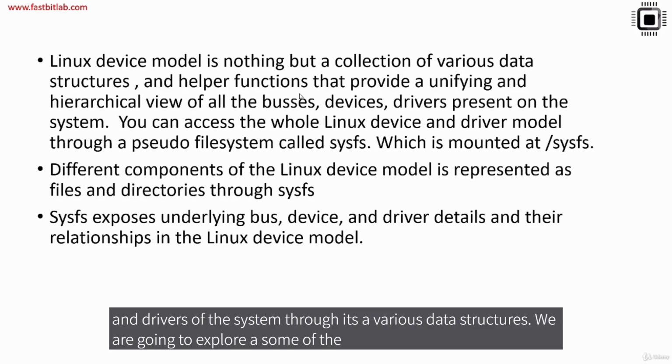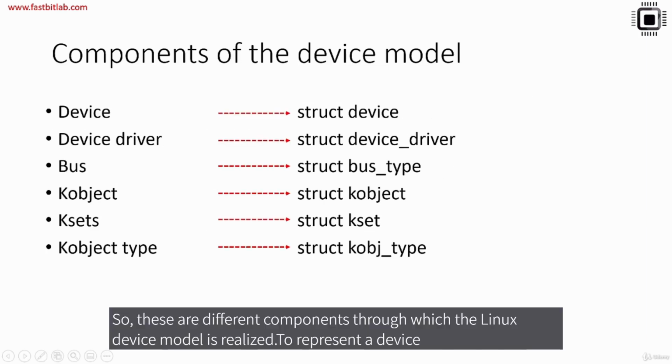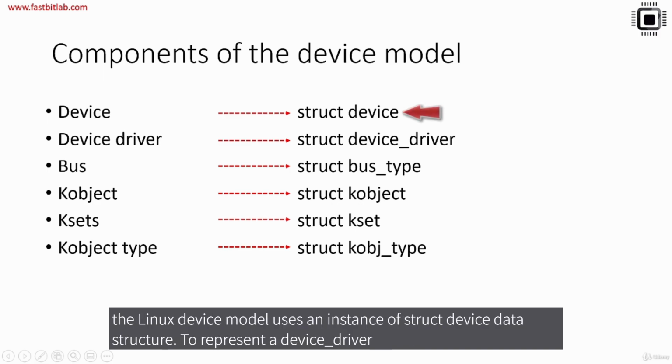We are going to explore some of the data structures used in the Linux device model in this section. These are different components through which the Linux device model is realized. To represent a device, the Linux device model uses an instance of struct device. To represent a device driver, it uses an instance of struct device_driver.